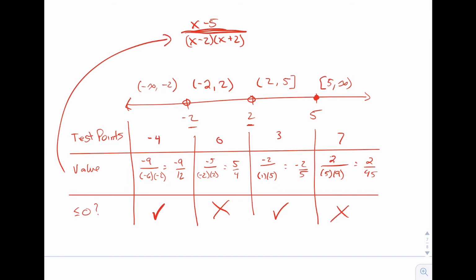That is not negative, so I don't want to include that. So when I look for a final answer, it's the intervals that have the check marks. My answer is going to be the interval negative infinity to negative 2, union 2 to 5 with those brackets.